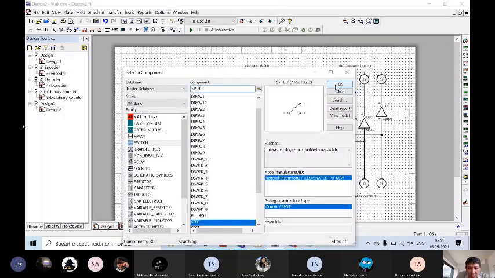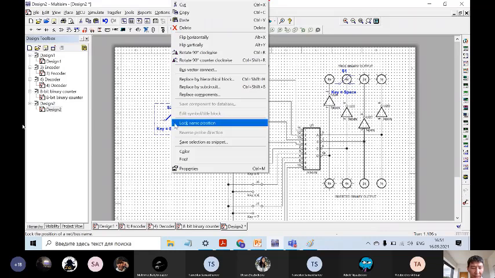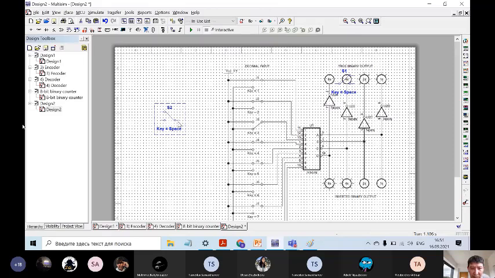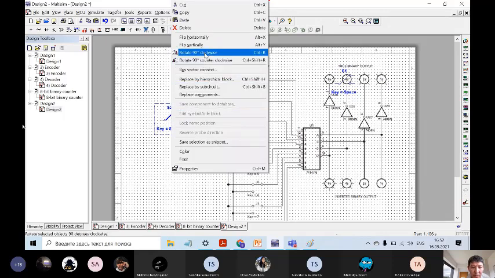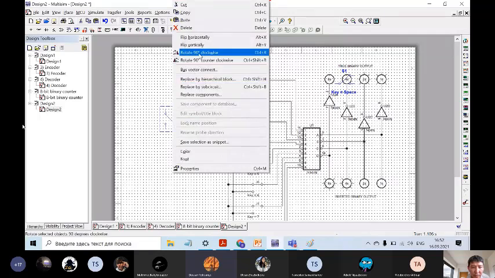Please, SPDT. Then you can click the right button and flip horizontally, for example. Not like this. Flip vertically, not like this, maybe vertically. So you just need to try. So I need to rotate.